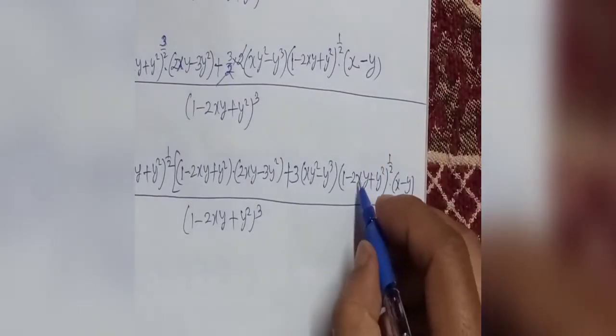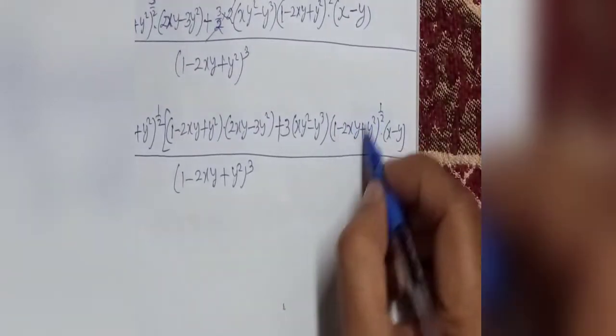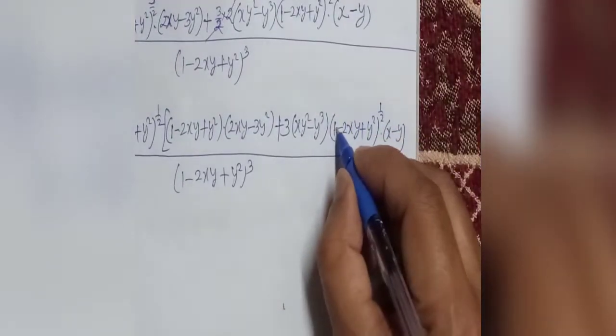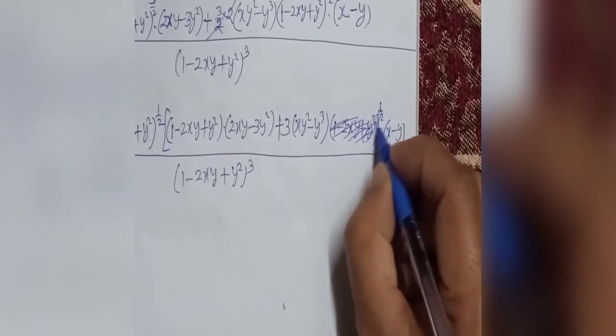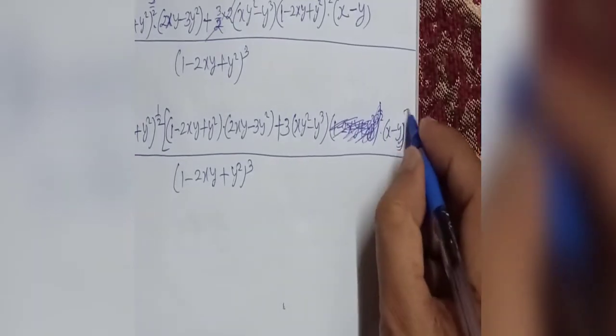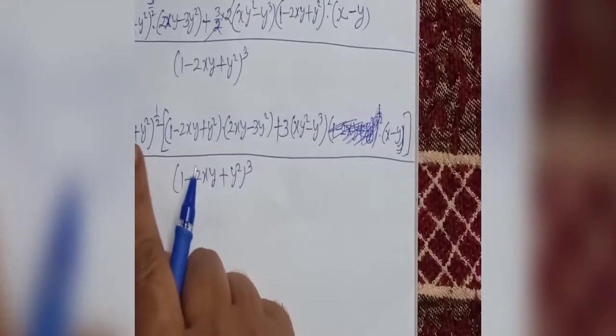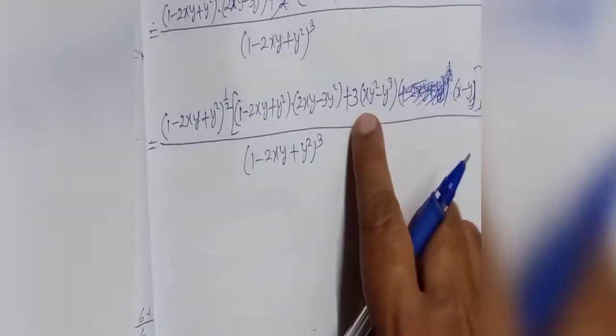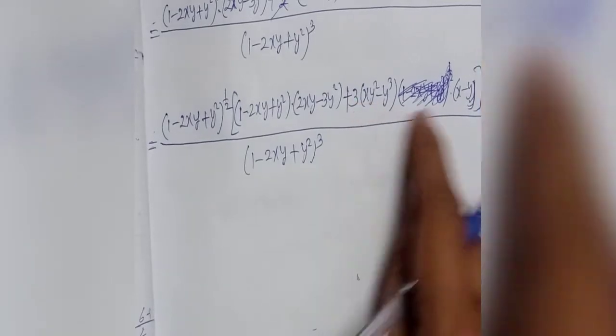I made a mistake here because I have taken this out from this bracket, so this term will not be present here, it will cancel out because I have taken it out of the bracket. So only these factors are present here.